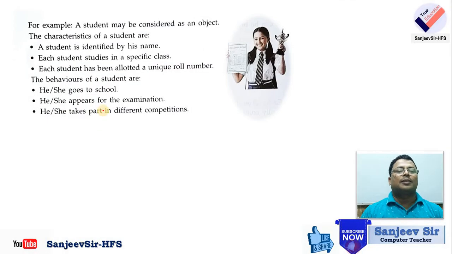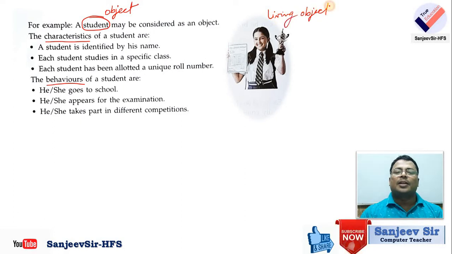Now we understand another example, one object that is a student. A student object will also have two things, characteristics and behavior. Think about this: it is a real world, real entity, a living object, while the mobile and table were non-living. A student can be identified by name, and each student studies in a specific class.